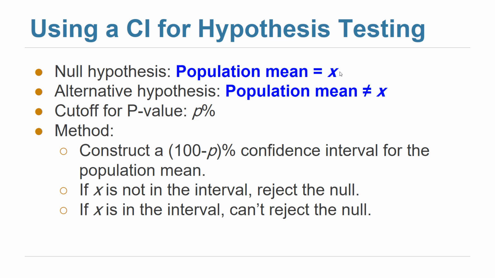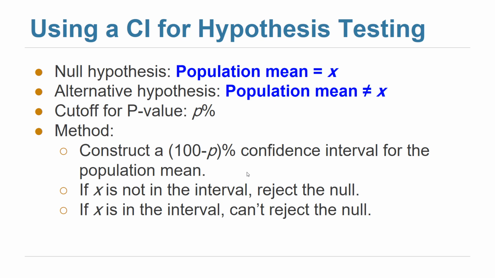Okay, so again, we use the confidence interval to do the hypothesis testing in this way. That's the statistic that we will simulate, and this is the specific value, and we test whether this specific value is within the confidence interval or not. Based on that, we decide whether to accept or reject the null hypothesis.